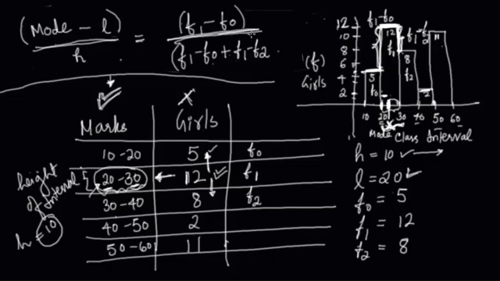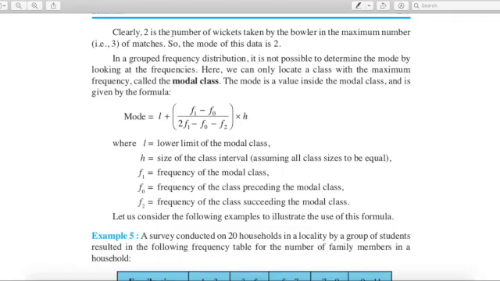And that is the reason why we have a mode formula like this. And hence, if you try to solve this and put H on this side, you will realize that you will exactly get this formula: mode is equal to L plus the ratio times H.